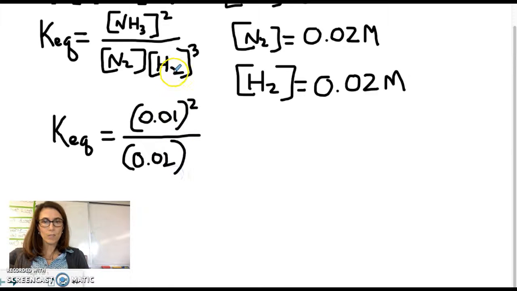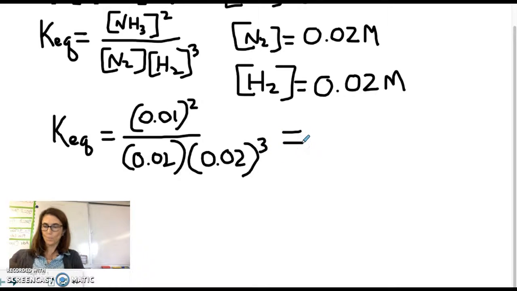And then the concentration of H2 raised to the third power, so that's 0.02, and that's cubed. So let's see what we get for that value.